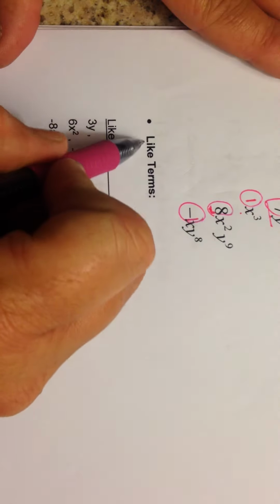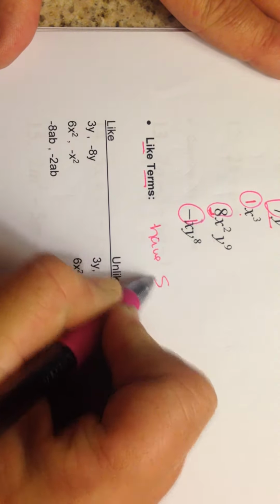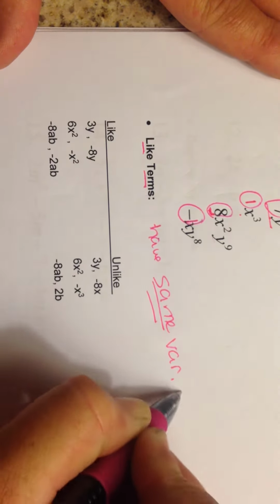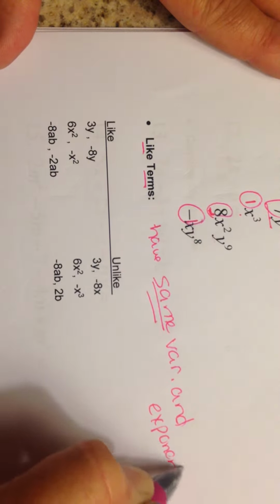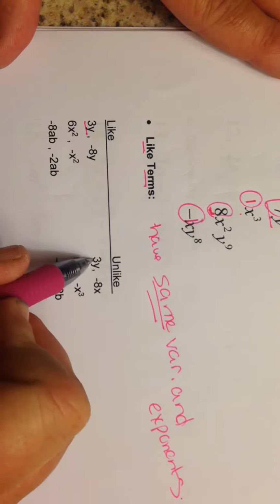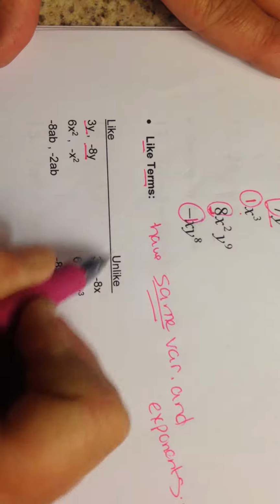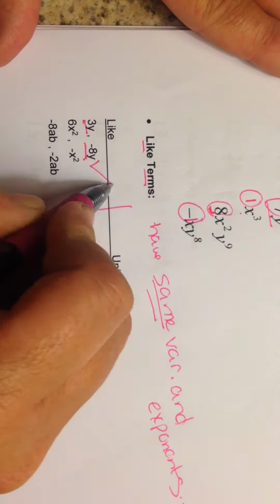Now we have to talk about like terms. Like terms have the same variable and exponents. So 3y, 3y, negative 8y. Oh, I see what they're doing. 3y and negative 8y are like terms.